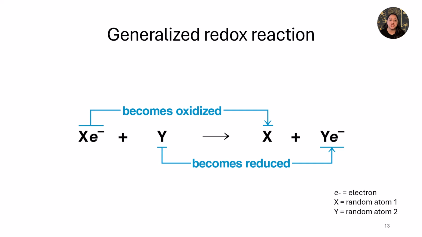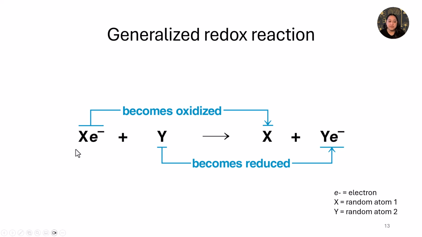So this is just a generalized redox reaction. This is not xenon, not Xe. X is just a stand-in for a random atom. The e minus stands for an electron. And then Y is just another random atom. So this is generic, like a plug-in, so you can imagine anything else there.